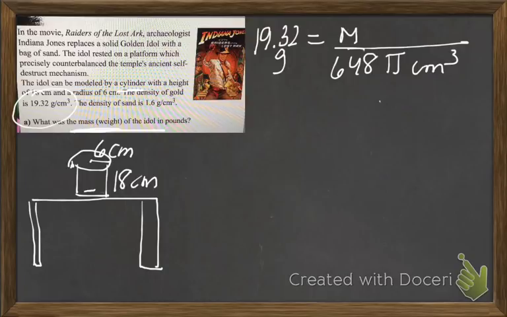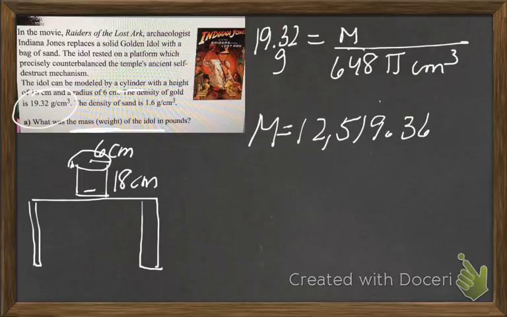Okay, so we're just going to cross multiply, and we're going to get that the mass equals 12,519.36. We still have that pi right there. Okay? So now if you multiply by pi, you're going to get this really low number.